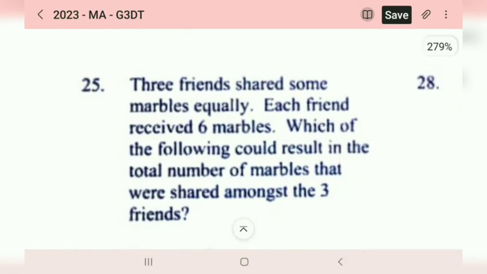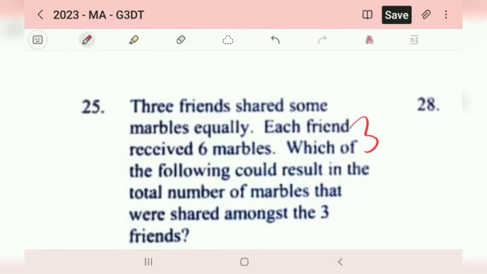25. Three friends shared some marbles equally. Each friend receives 6 marbles. All right, so each of the 3 of them got 6. It's like 3 sixes, 3 times 6. Or we could say X divided by 3 equals 6, since they shared some marbles and we don't know how many.